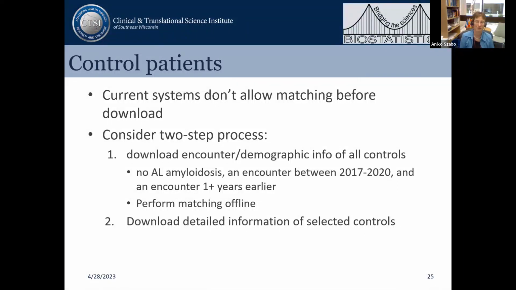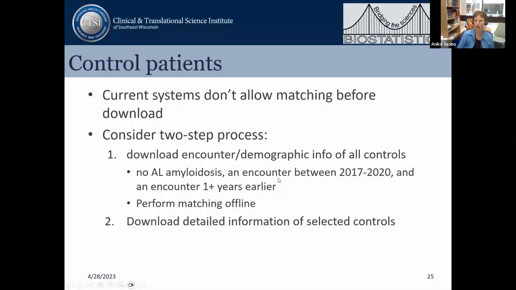So maybe one can try a two-step process, because in this case the control is pretty much everybody, or a really big chunk of the population. You could download just the minimal required information for the controls, in this case maybe encounters and demographics.